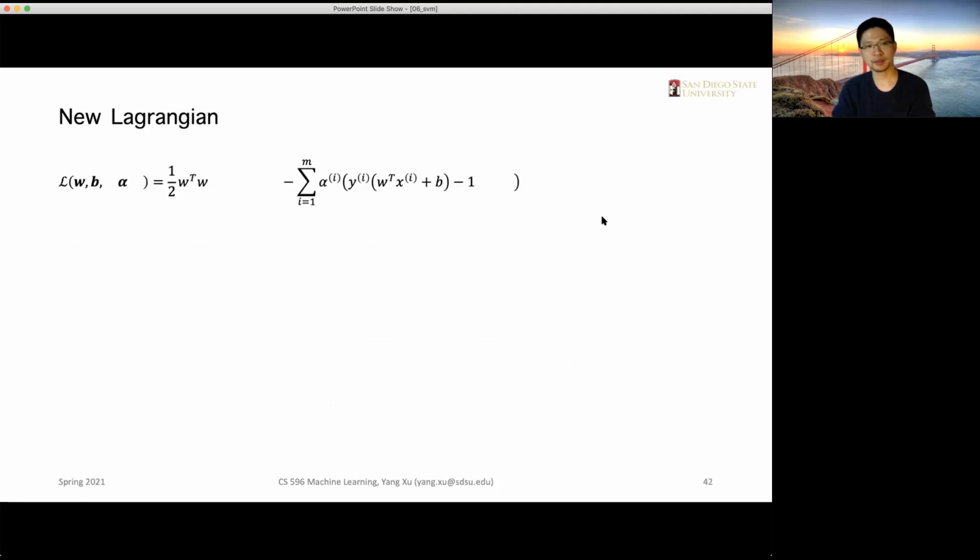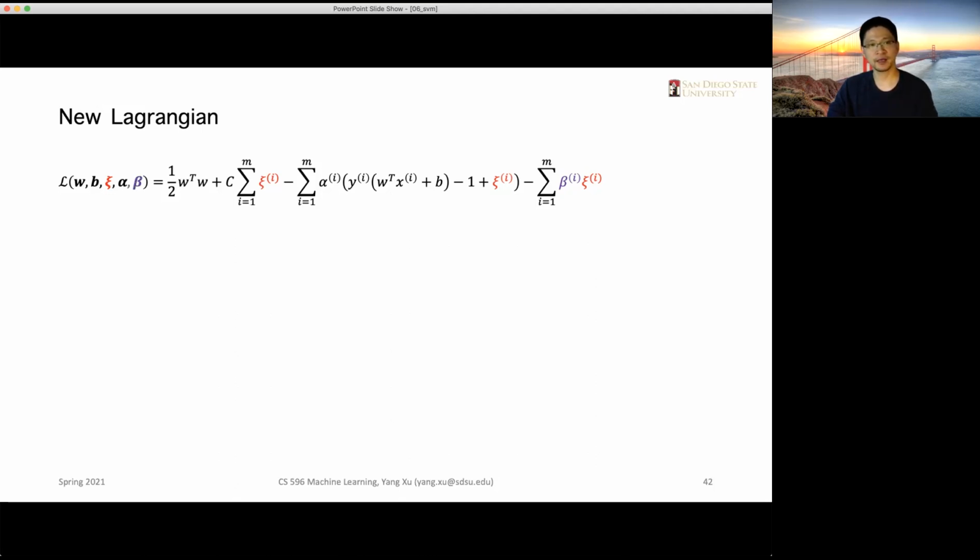But now since we have psi, we need to construct a new Lagrangian. Psi is a variable, so for that psi we need to construct a new Lagrangian multiplier, which is called beta. Beta is similar to alpha, but beta is associated with the psi, not with the W's or B's.